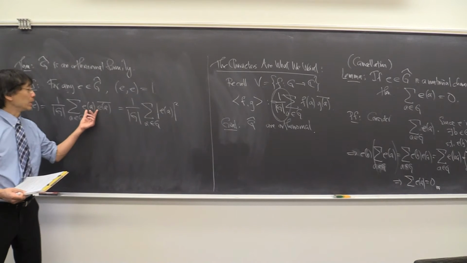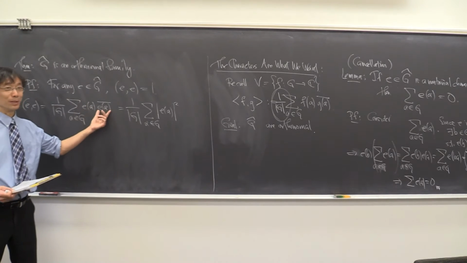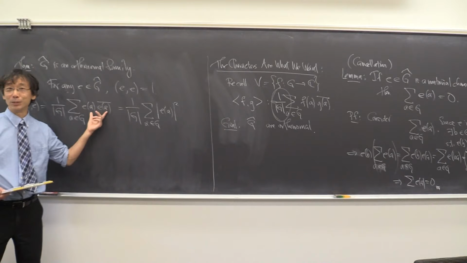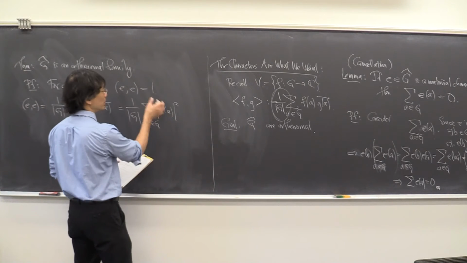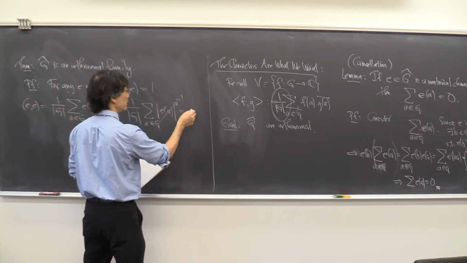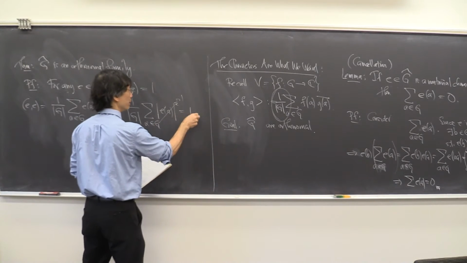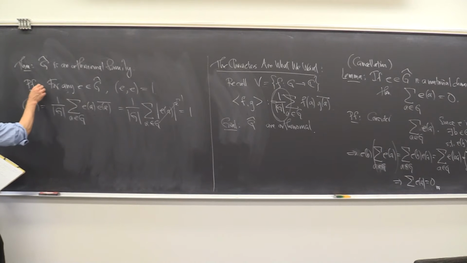Because you take something times its complex conjugate, that's the modulus squared. And remember that E was a map into the circle group, so these are all size 1, and so you get the order of G over the order of G, which is 1.